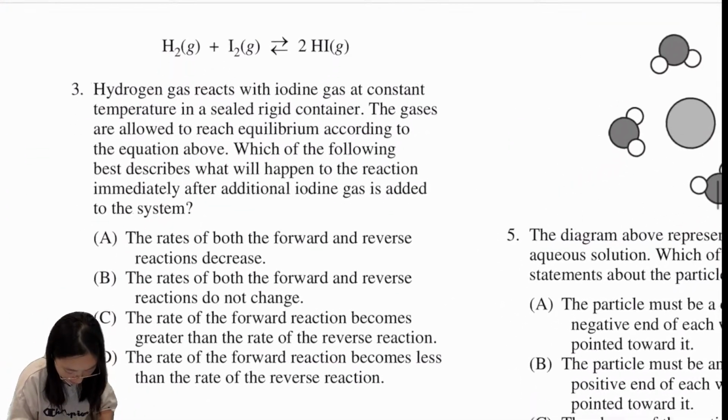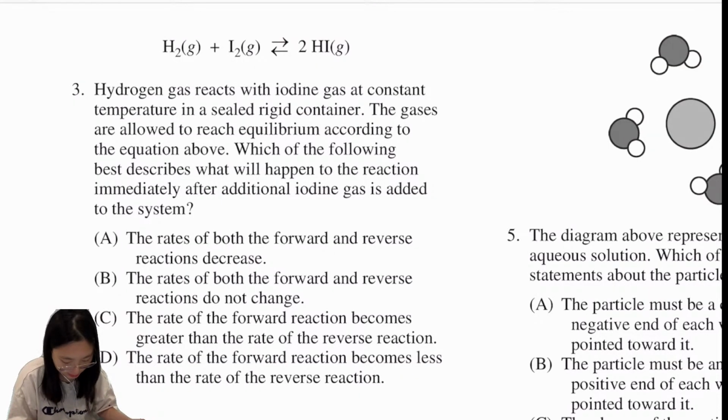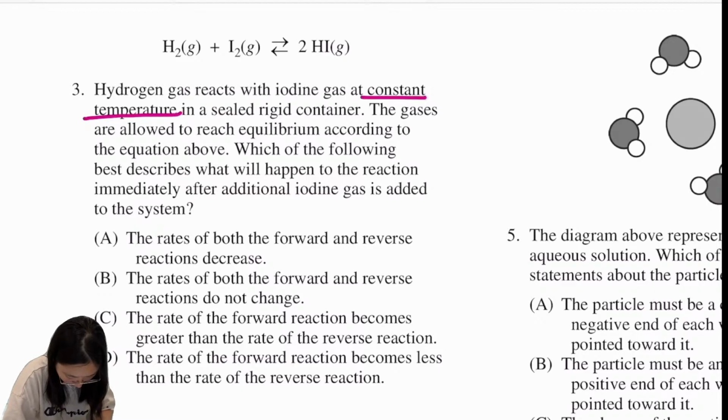Next one: hydrogen gas reacts with iodine gas, forming an equilibrium with 2 moles of hydrogen iodide gas. It reacts at constant temperature in a sealed rigid container, and the gases are allowed to reach equilibrium. Which of the following best describes what will happen to the reaction immediately after additional iodine gas is added to the system?